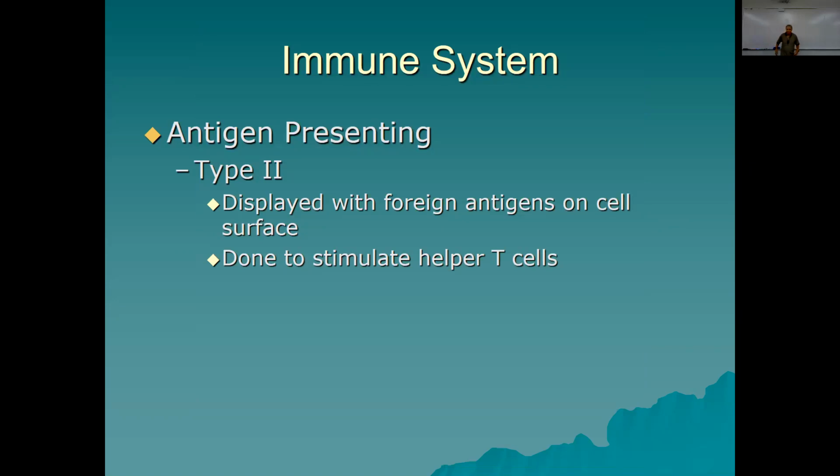Okay, type 2. So, displayed with foreign antigens on cell surface. These dendritic cells, macrophages, and B lymphocytes take in the virus or the bacteria or the foreign organism, chew it up, take part of that foreign protein and combine it with MHC type 2 proteins, and display that on their surface.